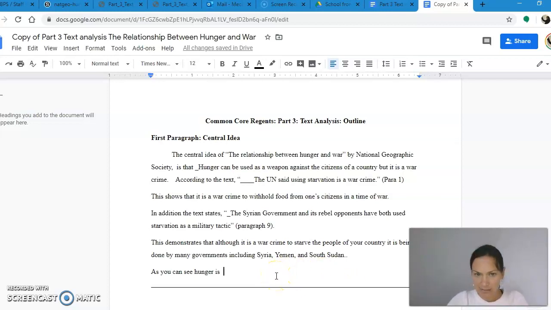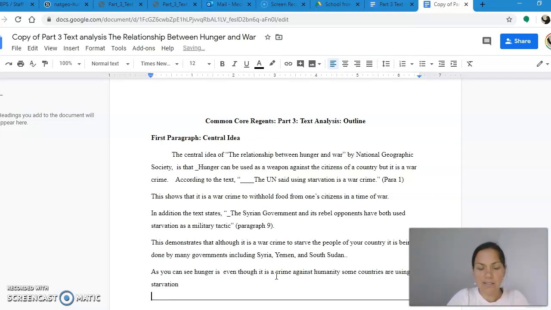As you can see, even though it is a crime against humanity, some countries are using starvation as a weapon of war. This must stop.